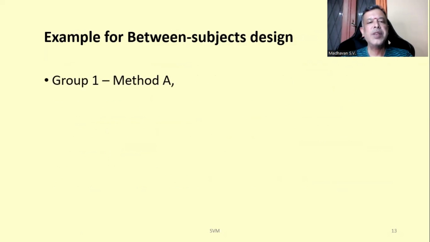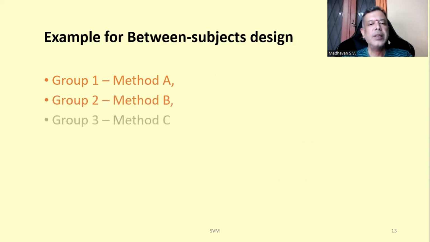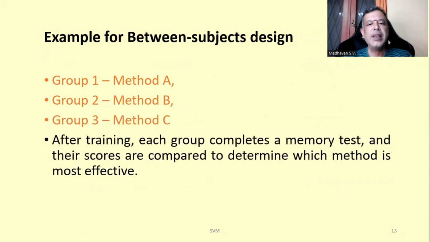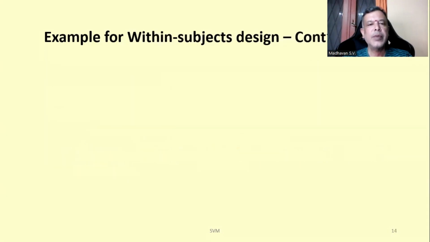Then in between subjects design, group 1 will be assigned method A, group 2 will be assigned method B, group 3 will be assigned method C. After training, each group completes a memory test and their scores are compared to determine which method is most effective. So that is our between subjects design.